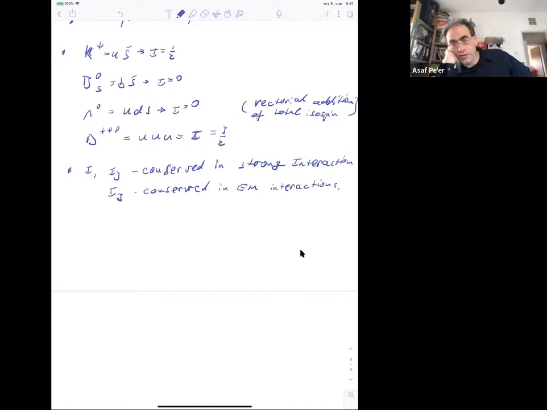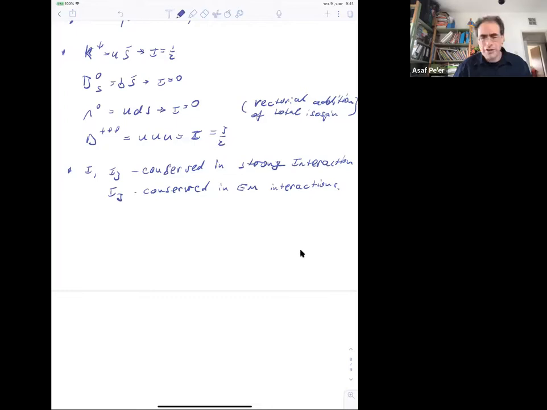And we're actually going to use this to analyze the probability of certain processes. Now, just as a comment, there is another symmetry which is called the weak isospin. I'm not going to say anything about this symmetry. It is related to the unification of the weak and electromagnetic interaction.